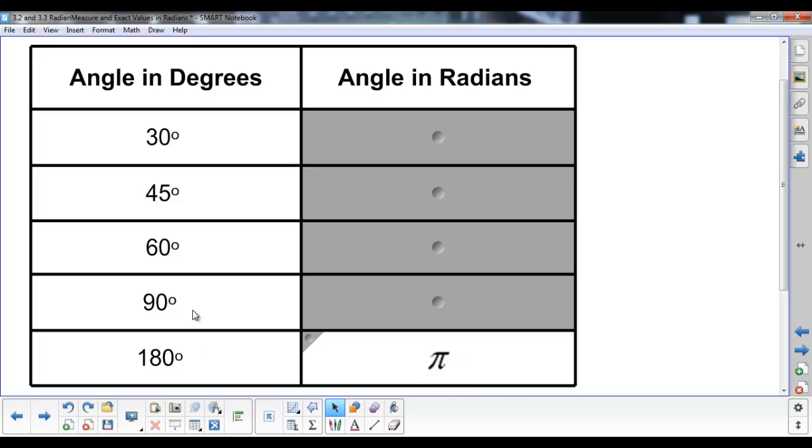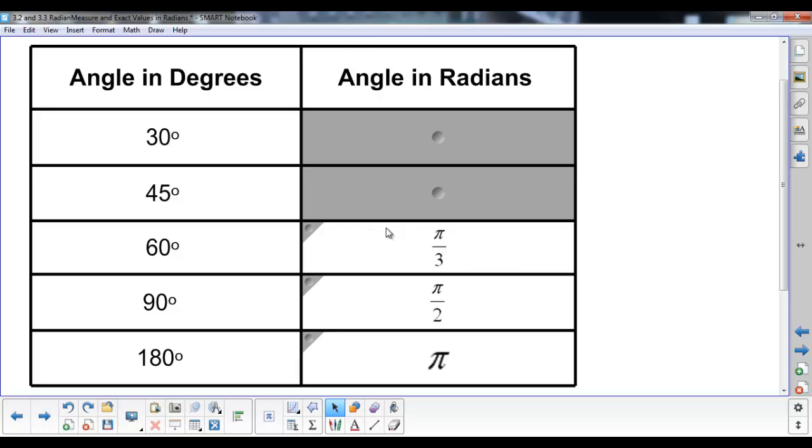If I wanted to know what 90 degrees was equivalent to, I would divide 180 by 2 to get 90. Similarly, I'll take this pi and divide by 2. So 90 degrees is equivalent to pi by 2. To go from 180 degrees to 60 degrees, we divided by 3, so take your pi and divide by 3.